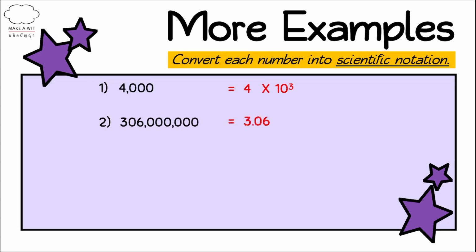Times 10 to the power of, just count the places. 8. Very good. Next, number 3. 0.0004. Now, what is the decimal? 4. Very good. And what is the power on the base 10? How many places did it change? 4. Very good. Negative 4. Don't forget the small number will get a negative power. Number 4.